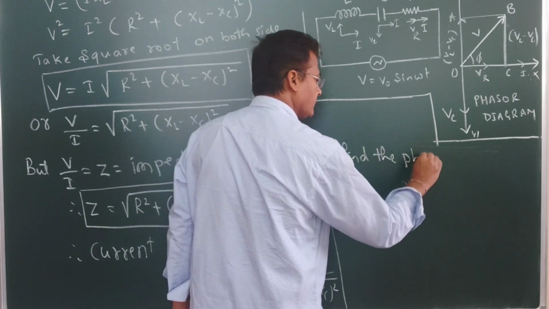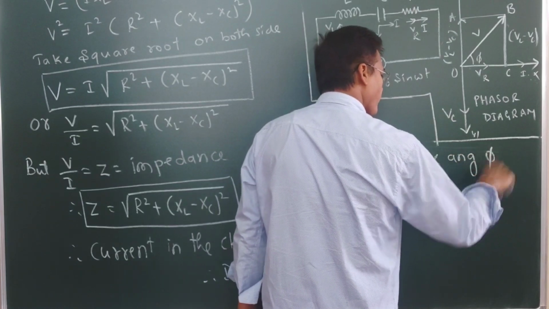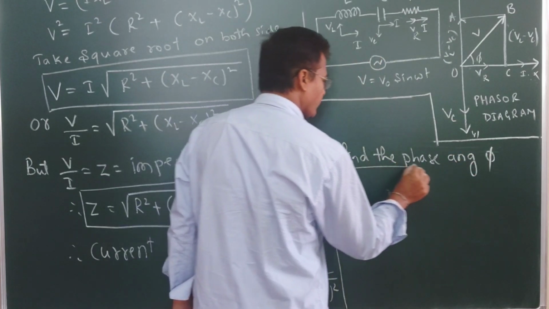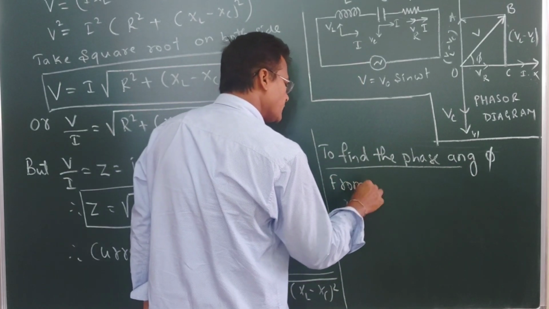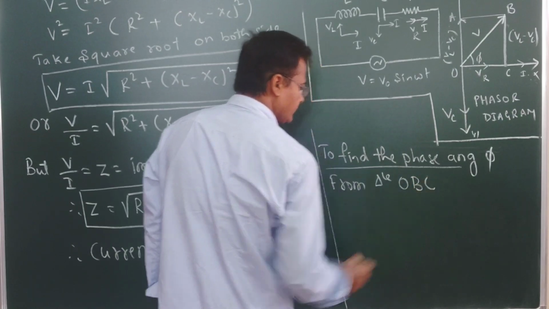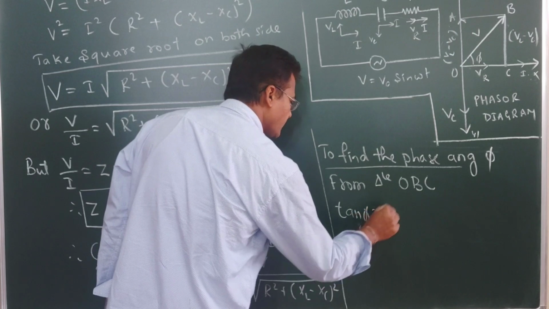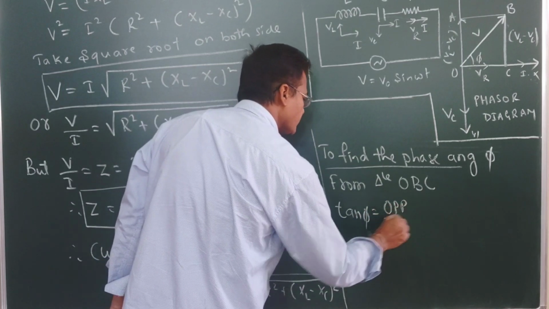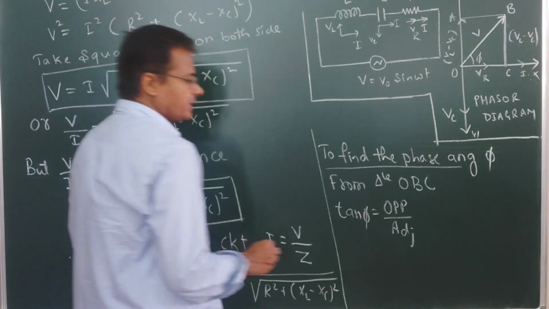From triangle OBC, tan phi equals opposite by adjacent.